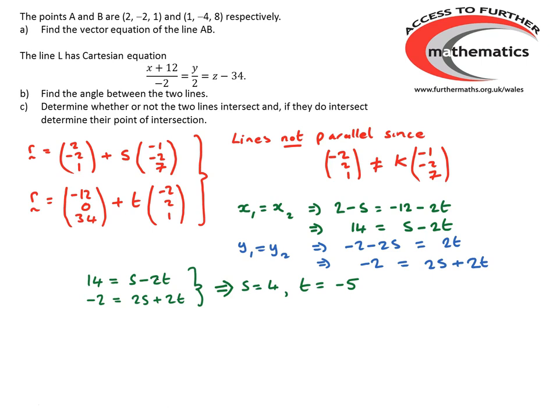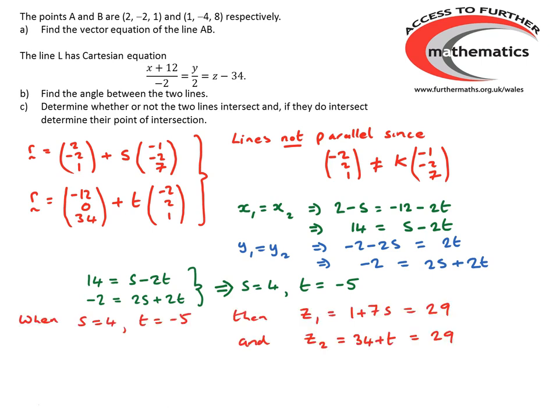Now we must use the third coordinate, in this case the z coordinate, to determine whether or not the lines are intersecting lines. So if s is 4, the z coordinate of the first line is 1 plus 7s, so that's 1 plus 4 times 7, which is 29.